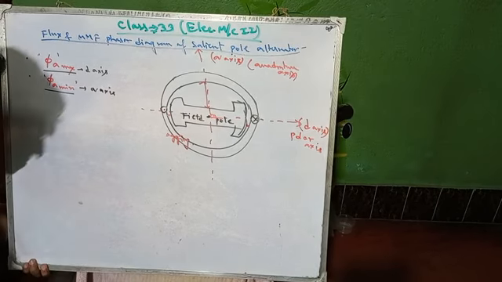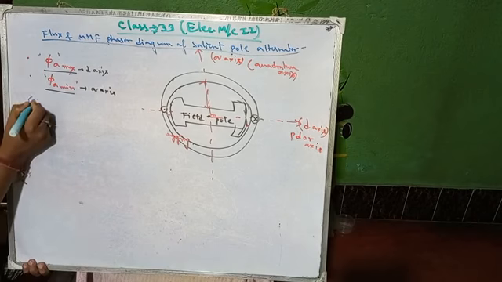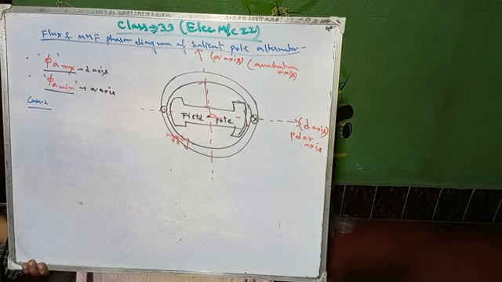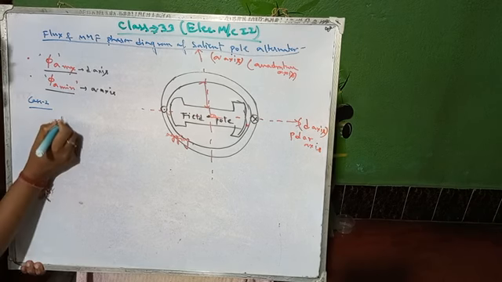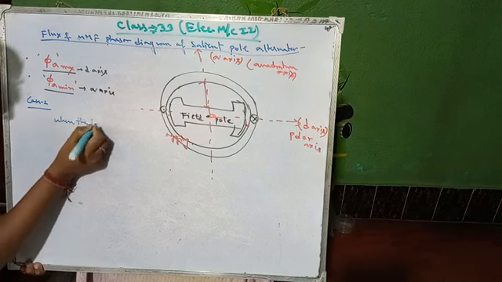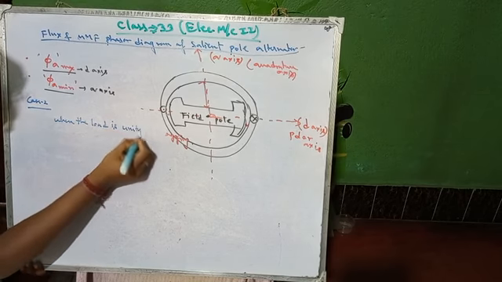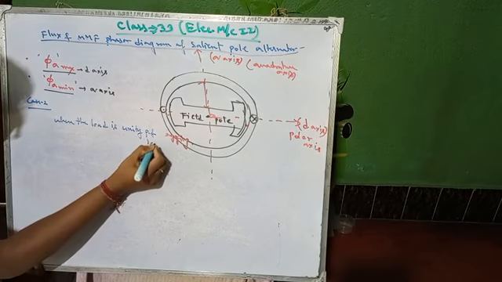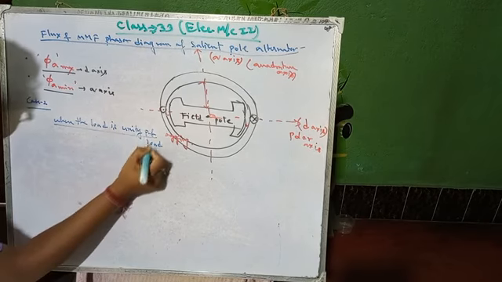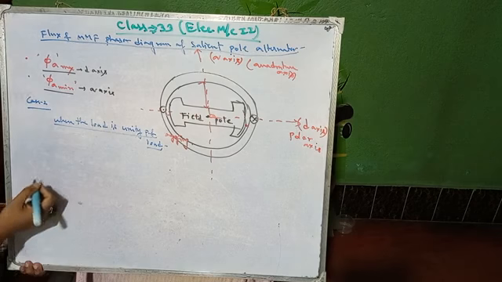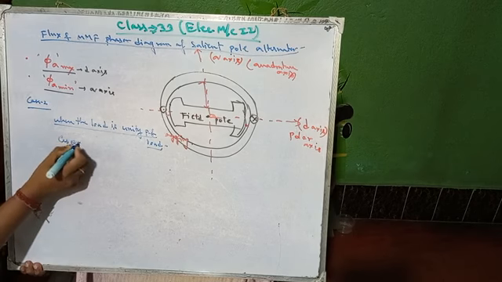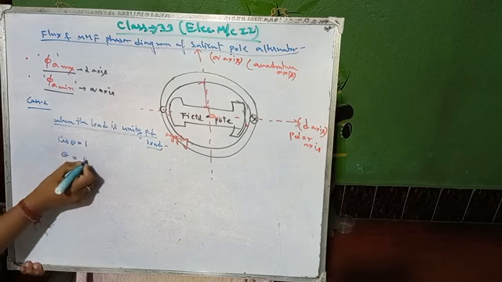In case 2, when the load is a unity power factor load, that means for unity power factor, cos theta equals 1 and theta equals 0 degrees.